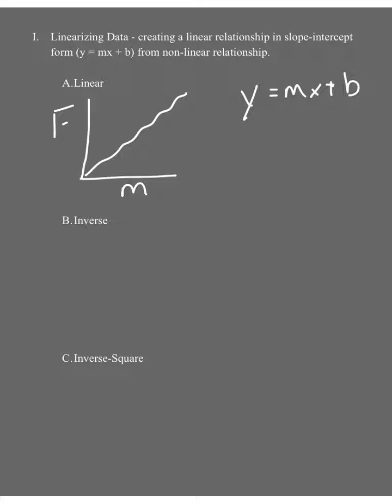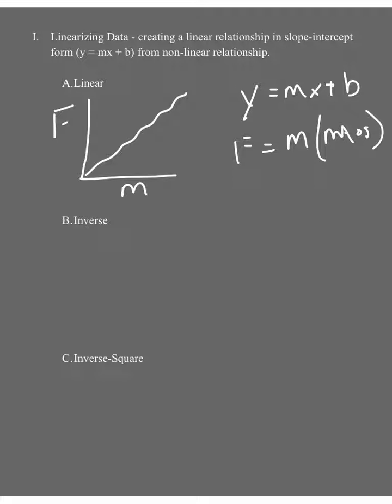and then plug in the variables that we're using for both our independent and dependent variable, where on our y we plug in our force, m is my slope, and then x is my mass.